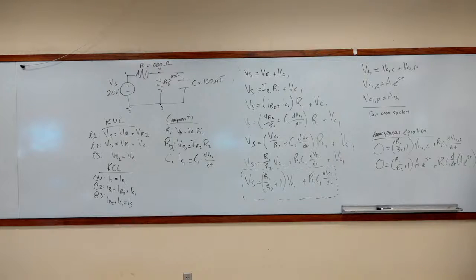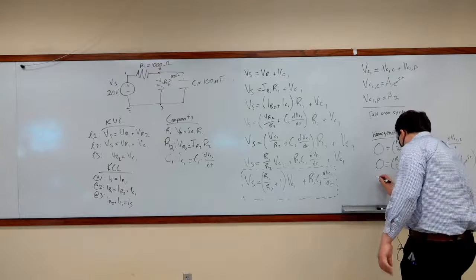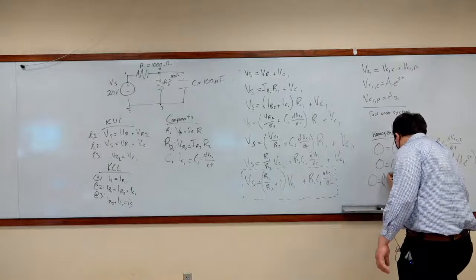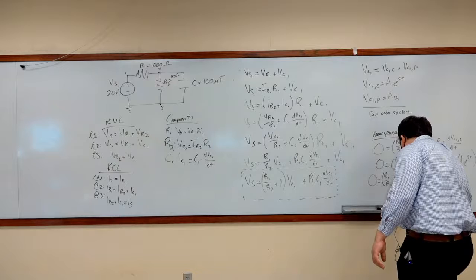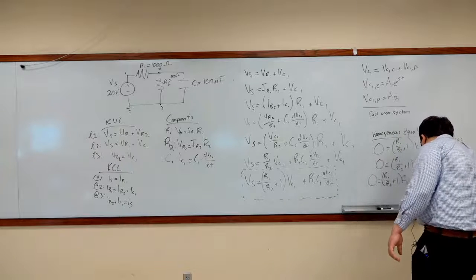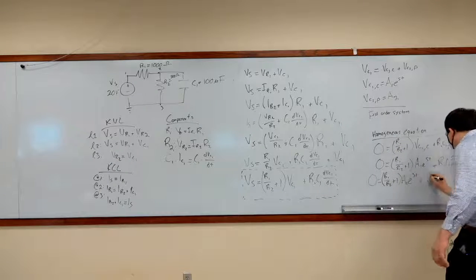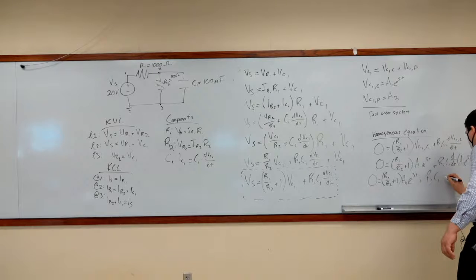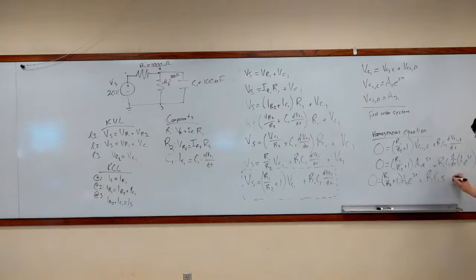You just throw an s out front. So this becomes 0 is equal to R1 over R2 plus 1 A1 e to the st plus R1 C1, I'm going to throw an s out front, times A1 e to the st. Okay, we can divide both sides by A1 e to the st.